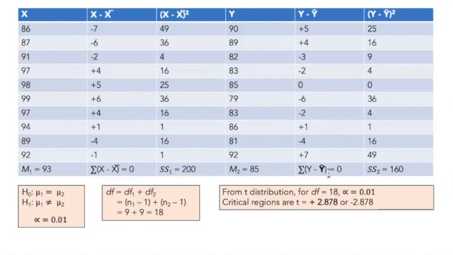So sigma y minus y bar is equal to once again 0.